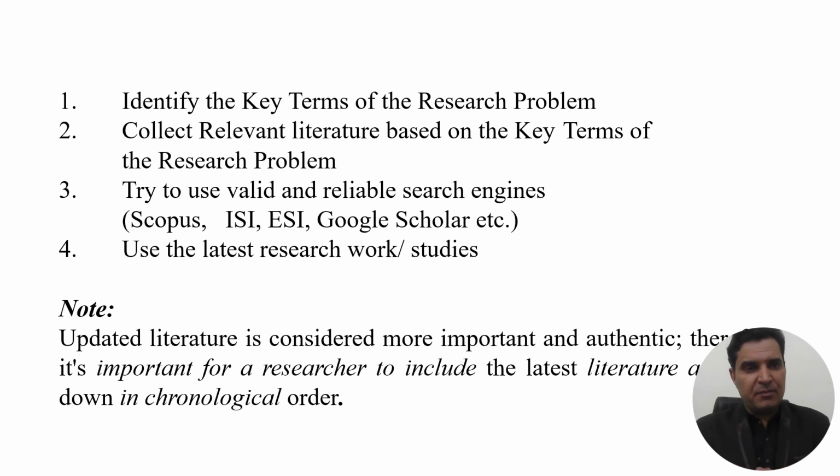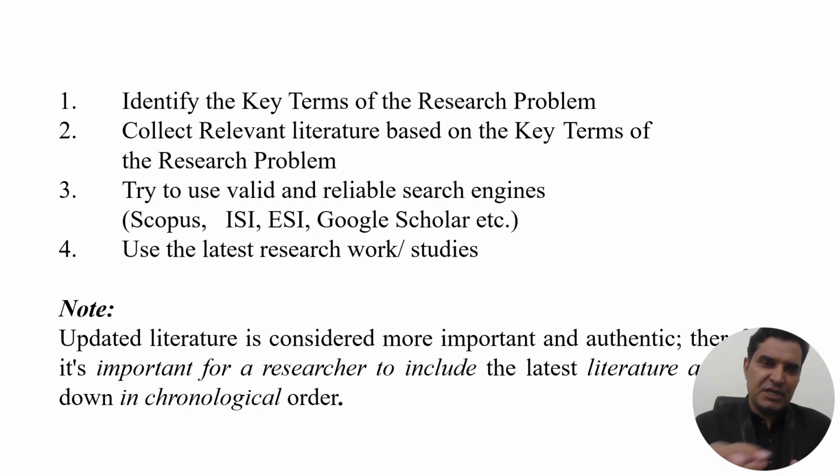The first step of writing a literature review is to identify the key terms of the research problem, to make it clear what the main variables or main parameters of your research problem are.